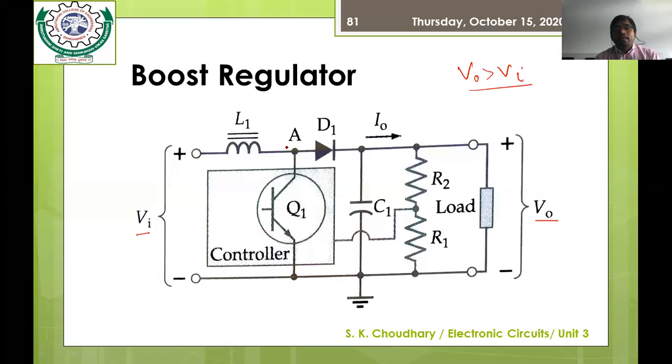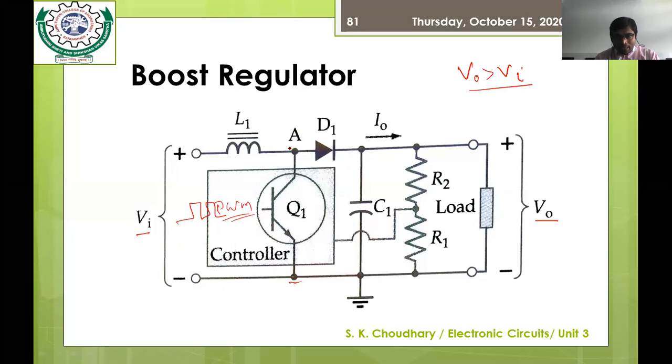You can see the collector is connected to one end of the inductor, and the emitter is connected to the ground. At the base, we apply the PWM input, pulse width modulation input, that comes from the control circuit. Now the diode is connected in series with the inductor.